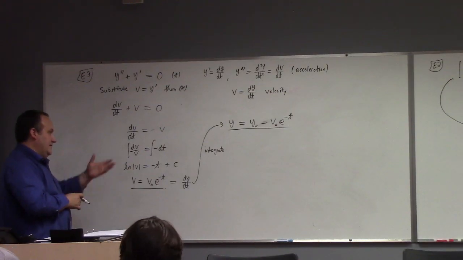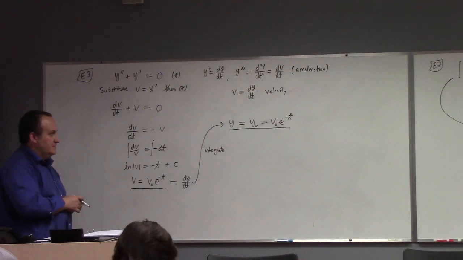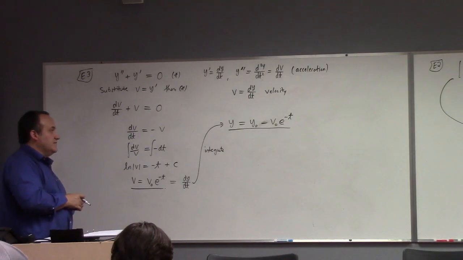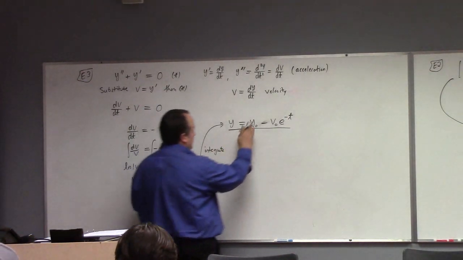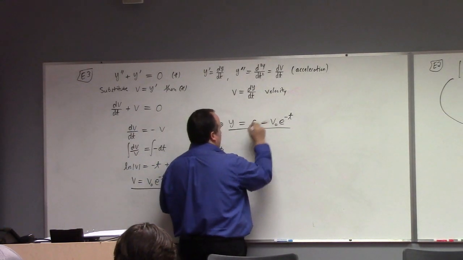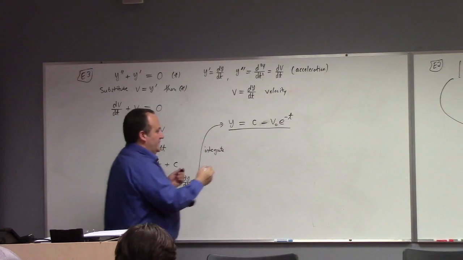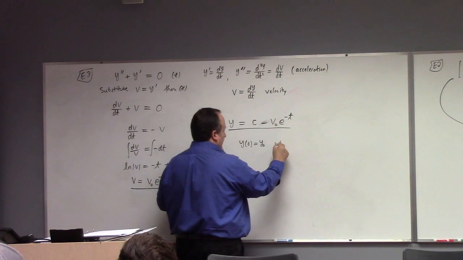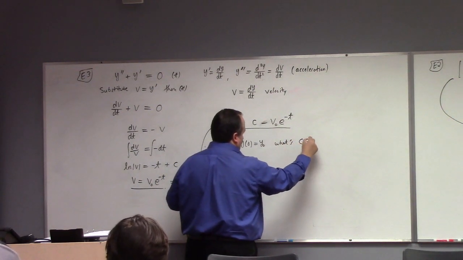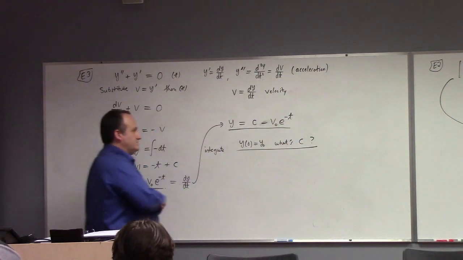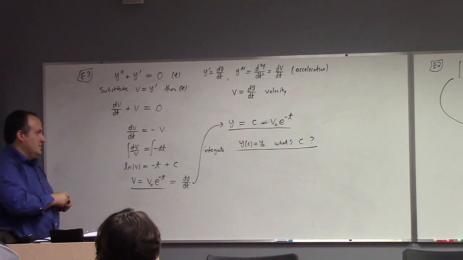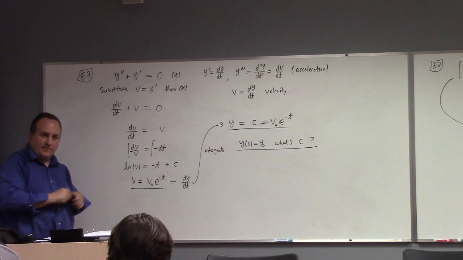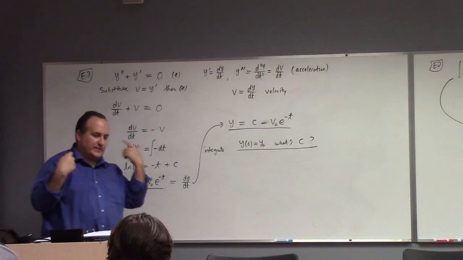And I called y naught the constant because I'm wrong. Let me make the constant c. If I wanted to write c in terms of the initial condition, if y of 0 is y naught, then what should c be? I was thinking c would just be y naught, but at a moment's reflection, I realized, no, that's not right.